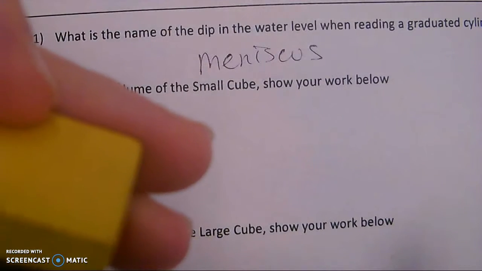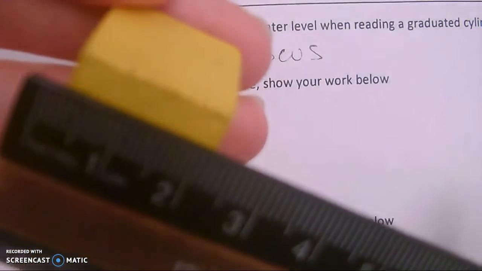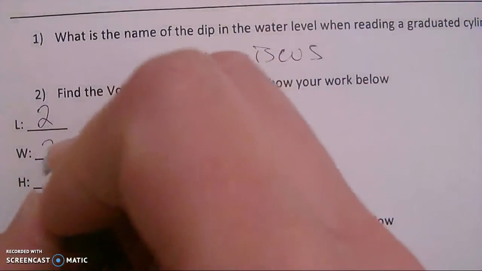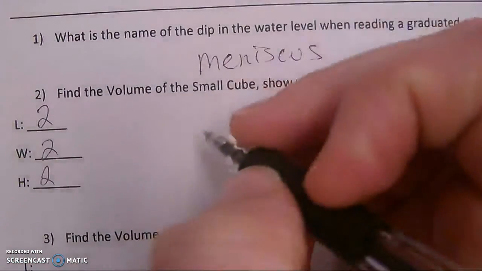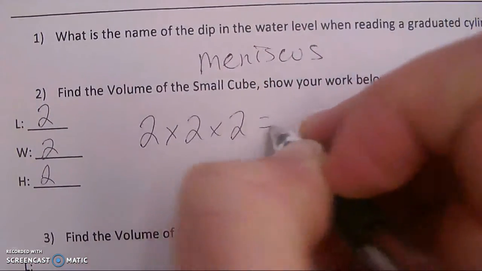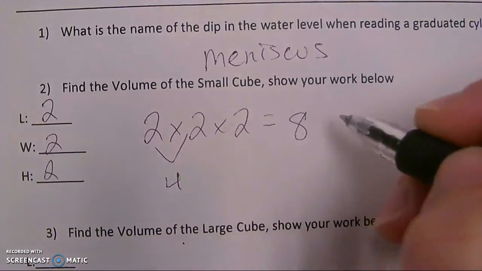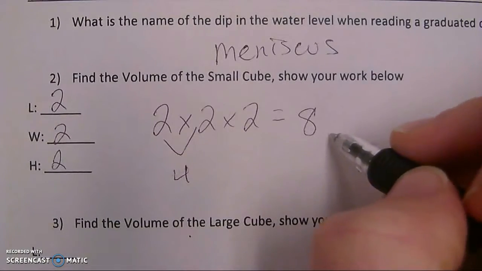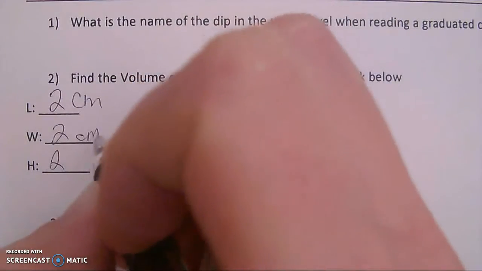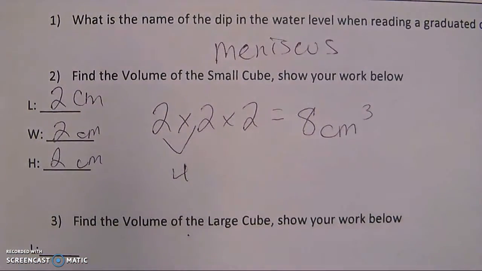And for the height, it is about 2 centimeters. Okay, so to plug those numbers into the equation, 2 times 2 times 2, 2 times 2 is 4, 4 times 2 gives us 8. And then our units is centimeters cubed, because we took 3 centimeter units and multiplied them together, so centimeters cubed.